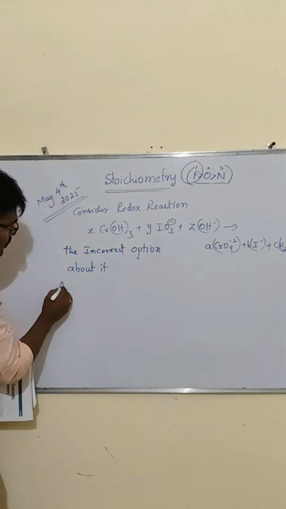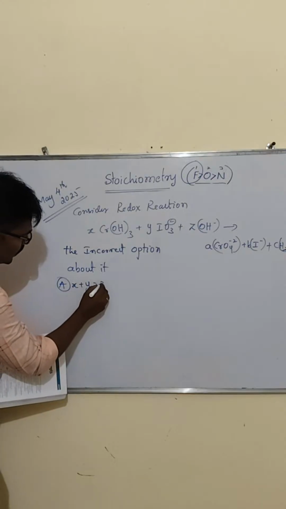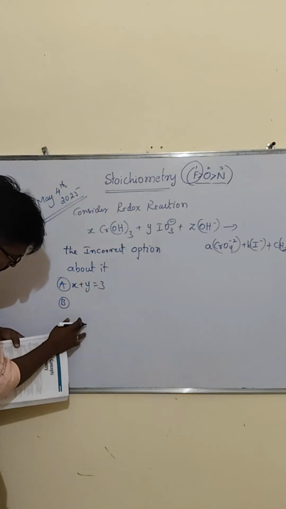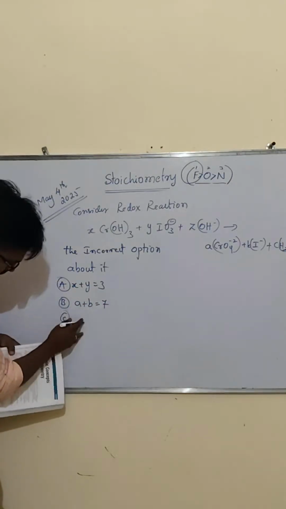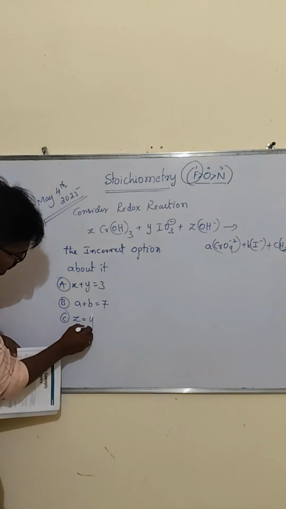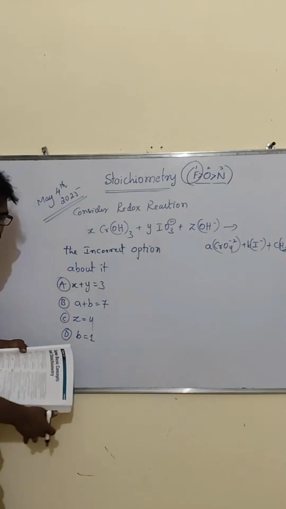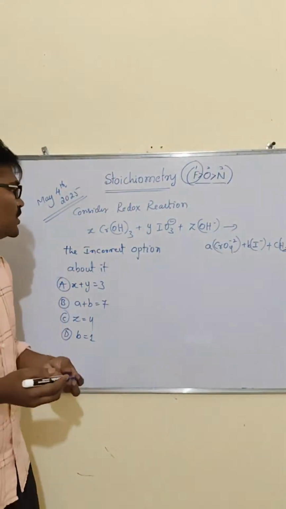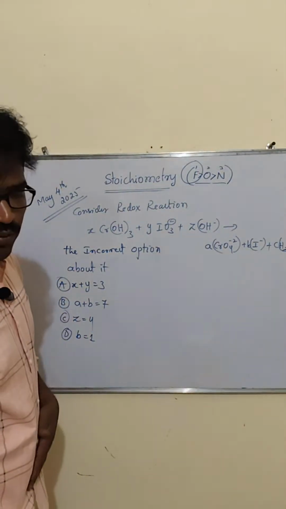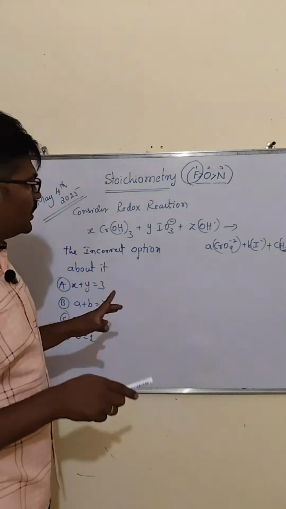So look at the options: option A, x plus y equals to 3; option B, a plus b equals to 7; option C, z equals to 4; option D, b equals to 1. It's a very, very important question. Even the same type of questions they are asking in the JEE Mains examination also. This is a very important question actually. Observe the question carefully. It's very important.